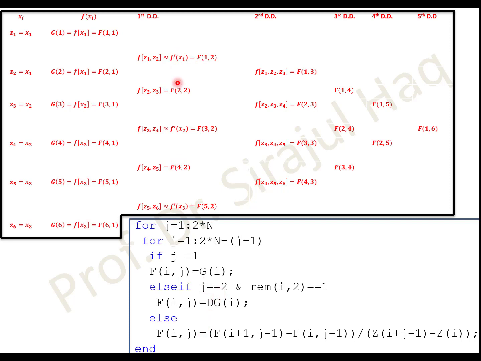Now in the same column, when i is equal to 2, 2 divided by 2 is complete division, remainder is equal to 0, so it will skip this portion.